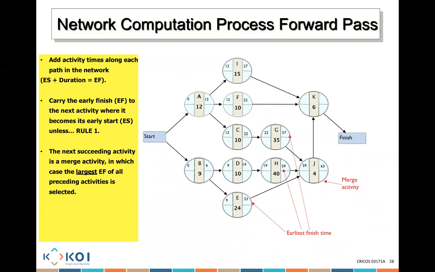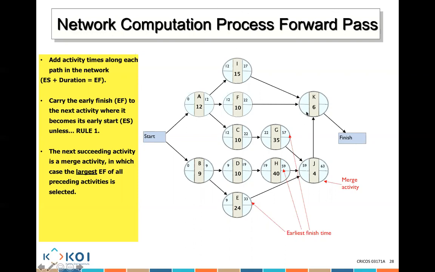Is that clear? Why I use 59? Because you use the largest early finish whenever there's a merge activity. Why the largest? Because we want to calculate the maximum time it's going to take to complete the project. Make sense? Yeah.